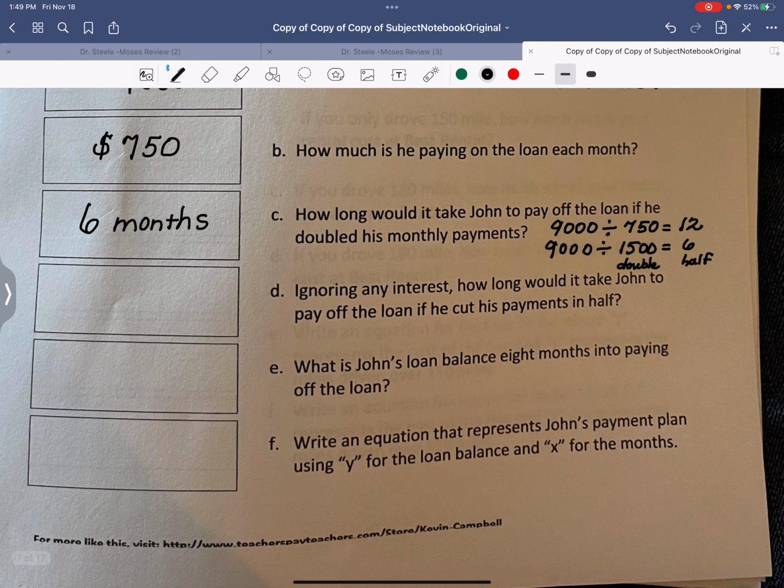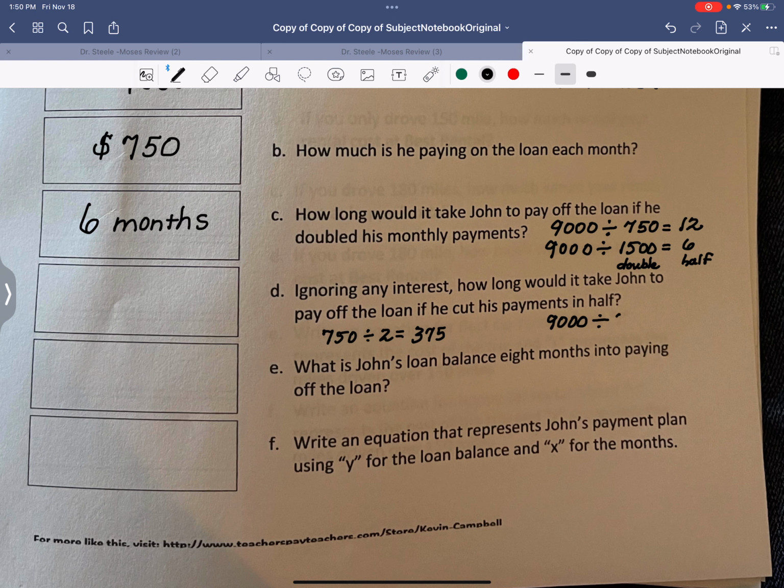Ignoring any interest, how long would it take John to pay off the loan if he cut his payments in half? So this time they want us to take the $750 and cut it in half. So that's dividing it by 2. And that's going to be $375. Let me double check. I don't do math in my head very well.